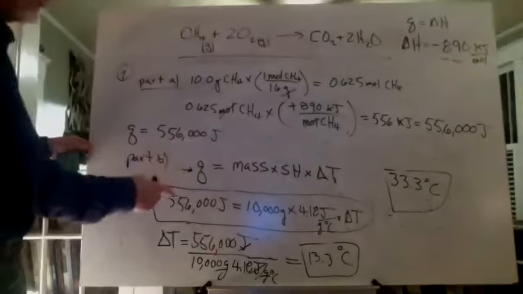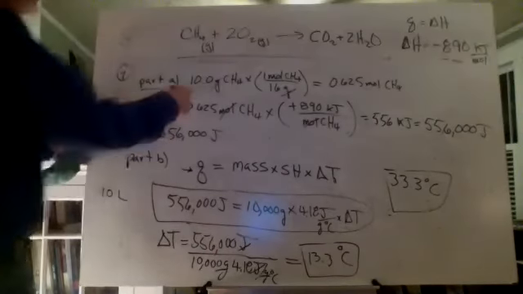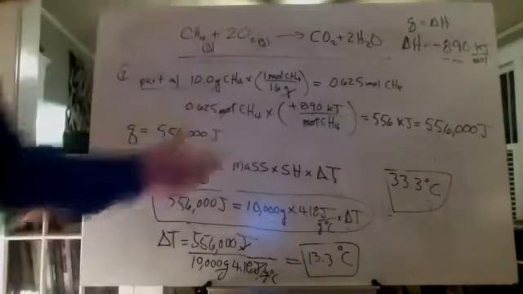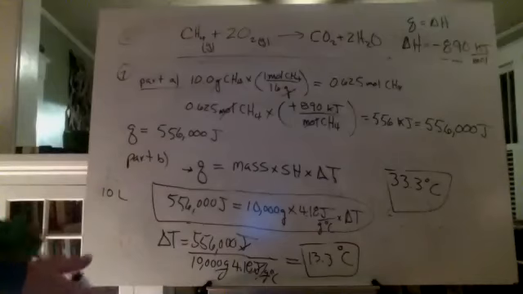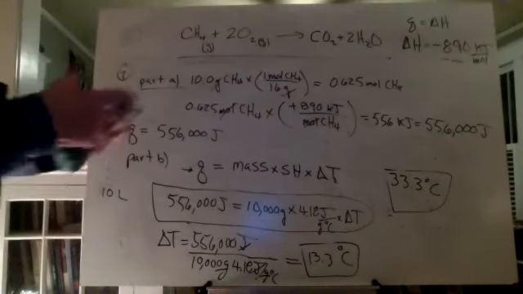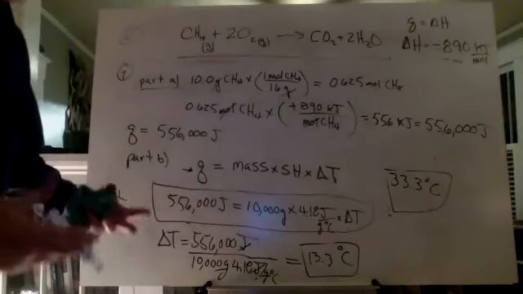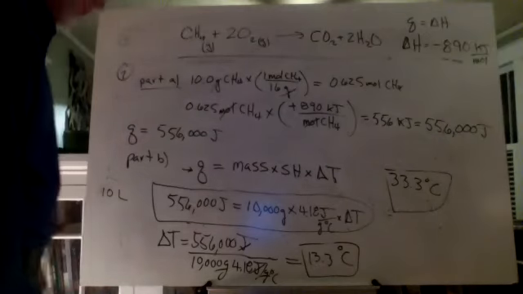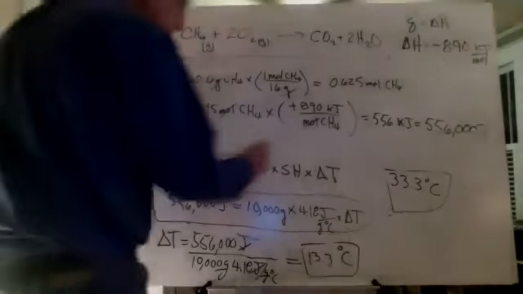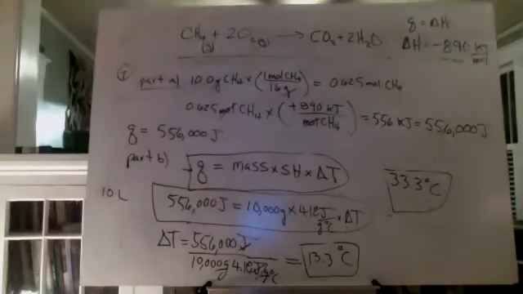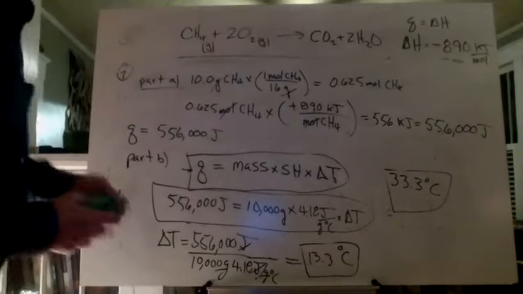And from our stoichiometric calculations, which are up here, we determined that 556,000 joules of heat energy were produced when 10 grams of methane reacted by this reaction. And we let all 556,000 joules of that heat energy be absorbed by the 10 liters of water. And then we could use this very important equation to determine what the temperature change of that water would be as a result of absorbing that quantity of heat. Right?